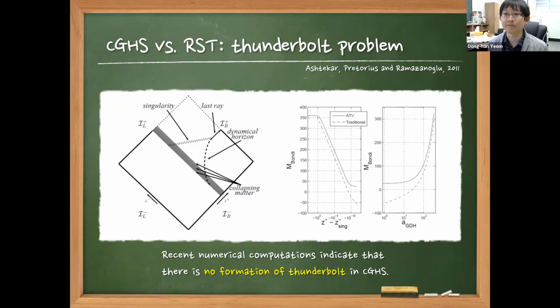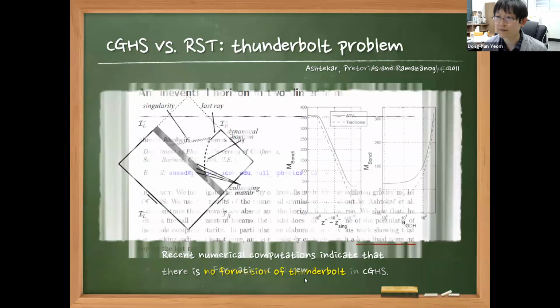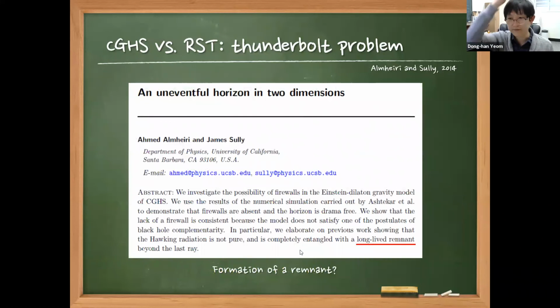and indeed it results in a stable remnant. So based on this simulation, I saw the paper by Almheiri and Sully several years ago. In this paper, they said that in 2 dimensions, in the CGHS model, it eventually approaches a long-lived remnant.